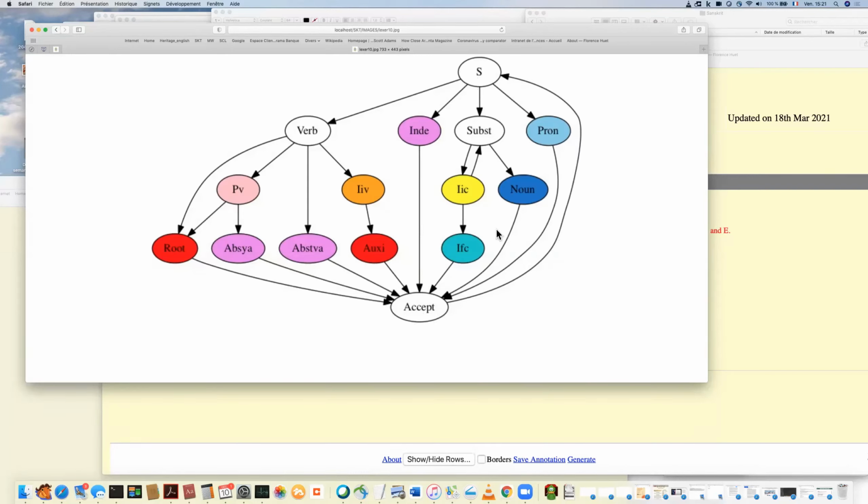It's either subanta, it's blue, noun, but it could also be a compounding. So you may have several yellow chunks and then it ends with a noun. Yes, it may be a pronoun, it may be an avyaya, or it may be a tinanta, and there are several possibilities.